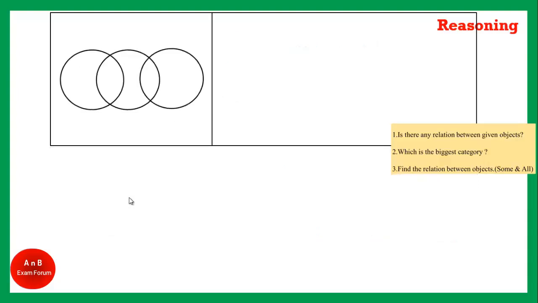Coming to the next category, this is very important and very interesting. Doctor, teacher and engineer. This is very important from the exam point of view, and students generally get confused with this type of question. Is there any relationship between the given objects? Yes. Again, look at it from a common sense point of view.